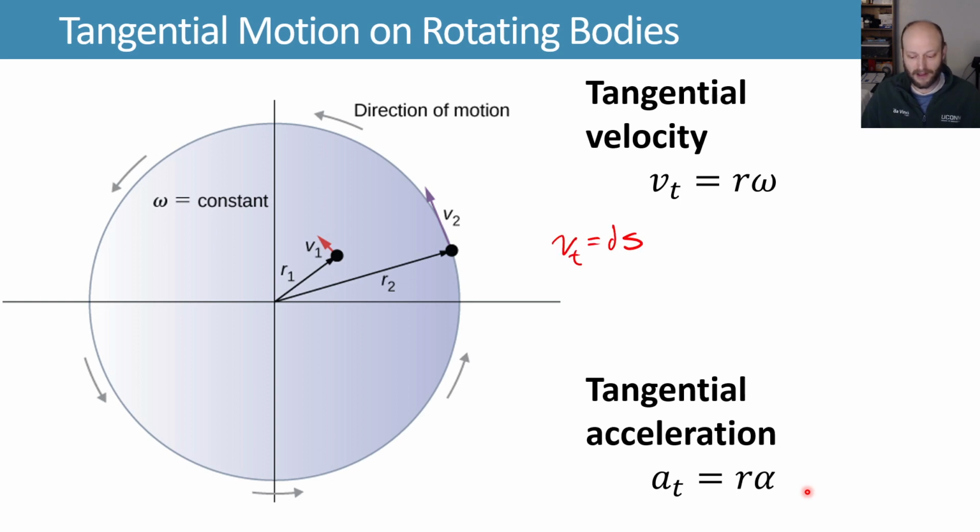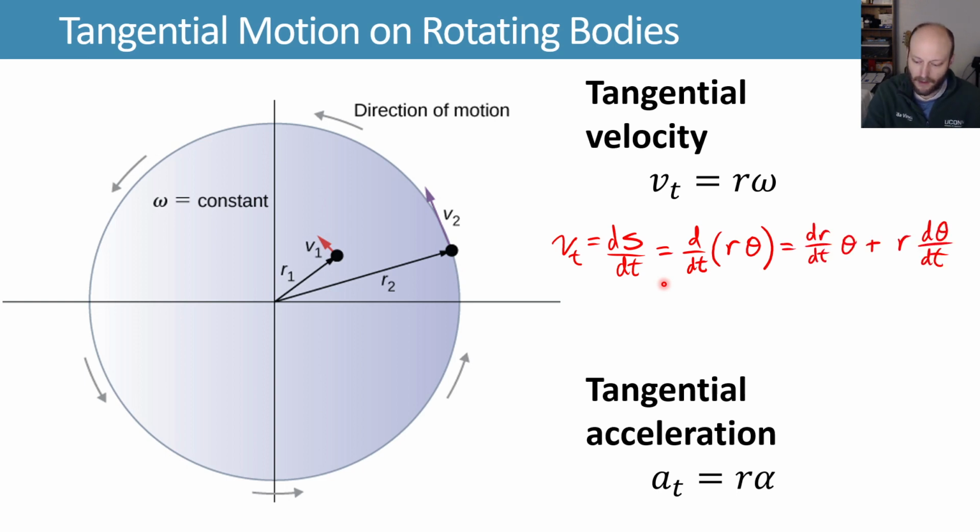If you start with that and say that my velocity is ds dt, where s is that length around the outside of the circle, my velocity is the change in that position over time, then we can substitute in s equals r theta, do a product rule, and take the derivative of the first times the second plus the first times the derivative of the second. And as long as we're staying at a constant position r, then our change in r over time is 0.